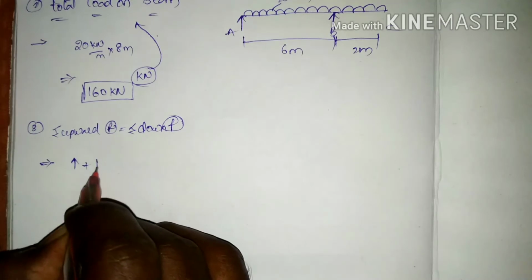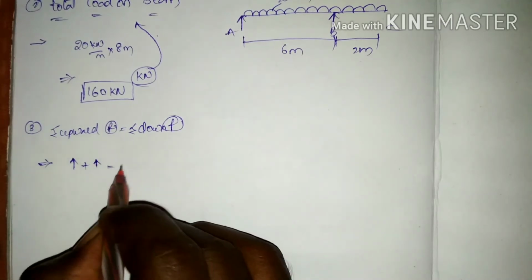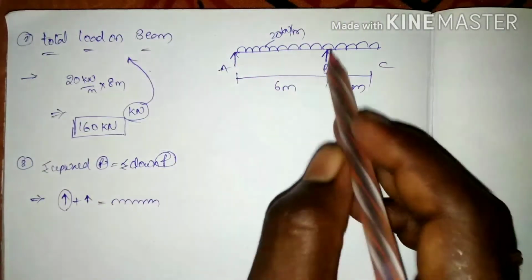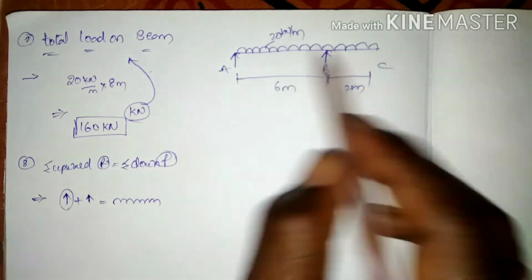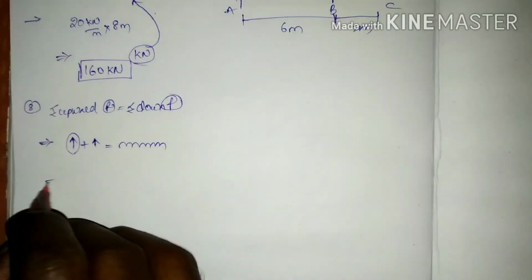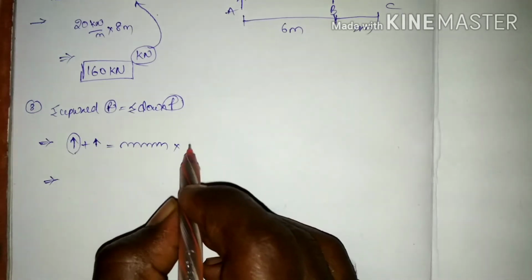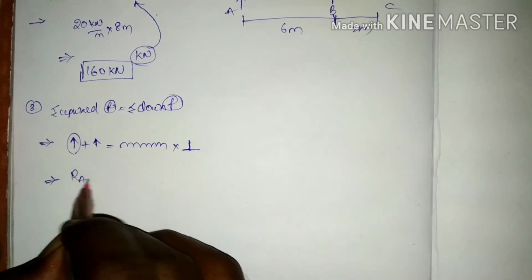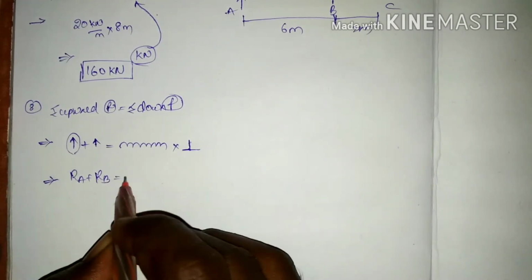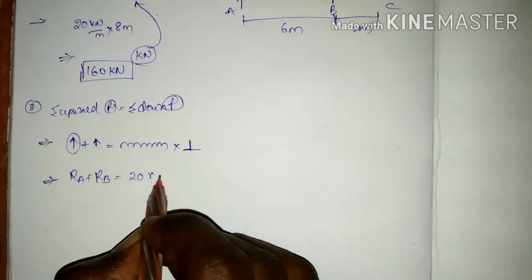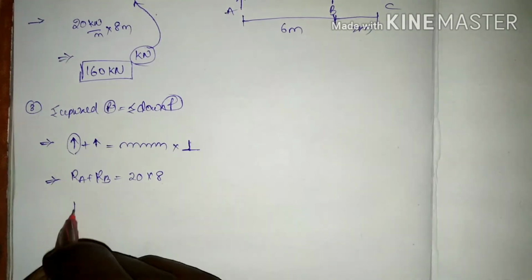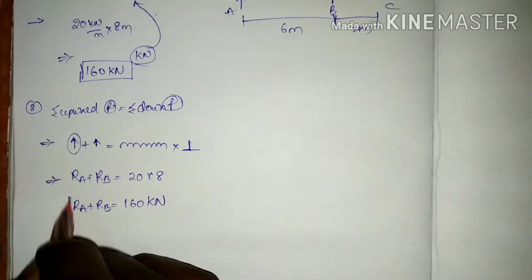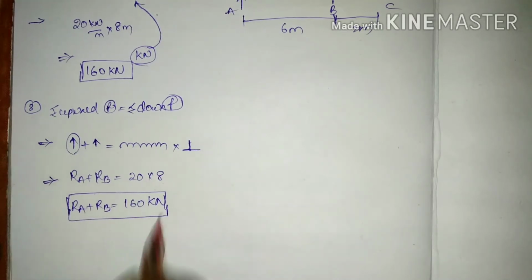In the upward direction we have RA and RB, and in the downward direction we have only the UDL. The UDL should be converted using the distance over which it acts. So RA plus RB is equal to 20 into 8 meters. So RA plus RB will be 160 kilonewtons, the same as the total load on the beam.